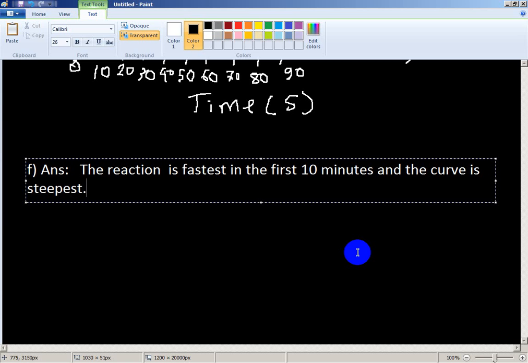Then it gets less steep as the reaction gets slower.